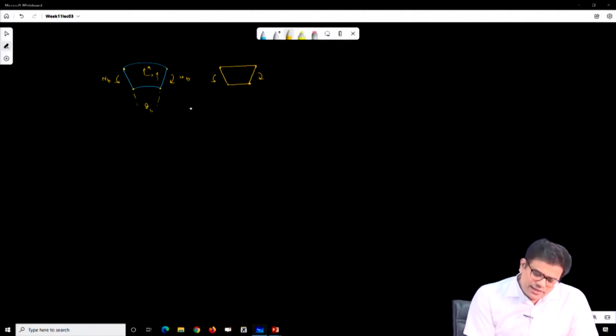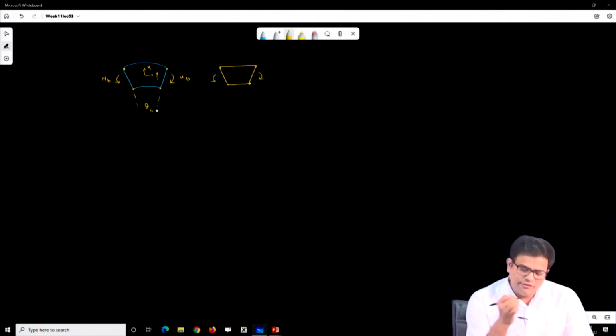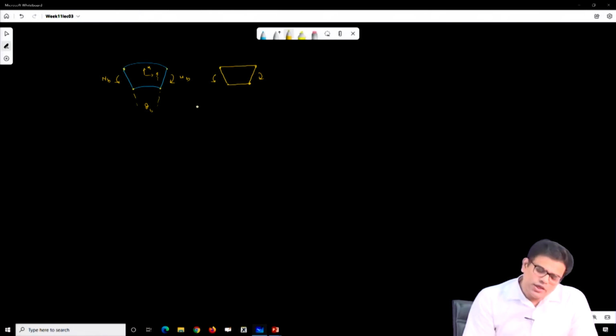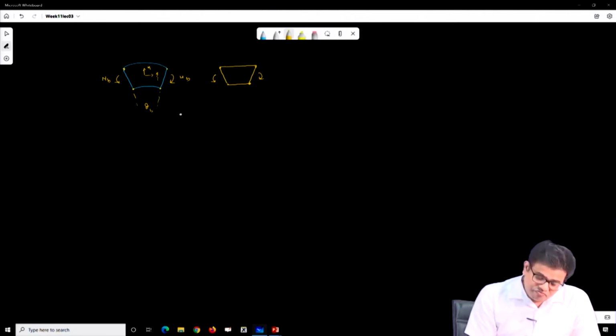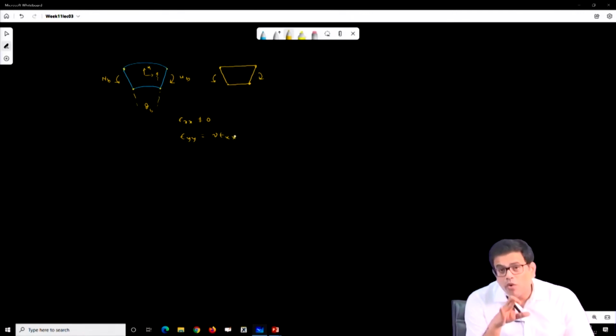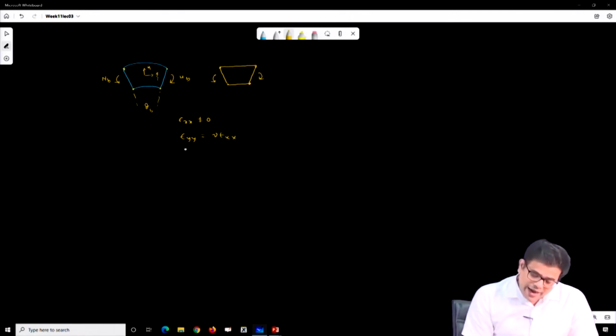Now if I consider the exact bending solution, we have seen that only epsilon xx is non-zero. Epsilon yy is minus nu epsilon xx, because sigma y must be 0, and gamma xy has to be 0.